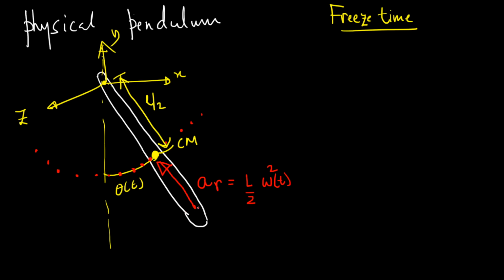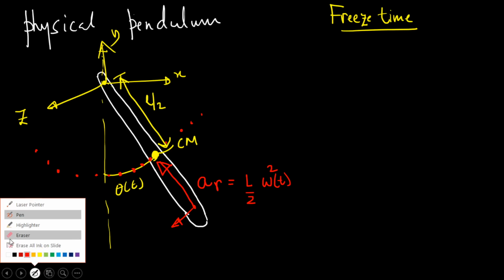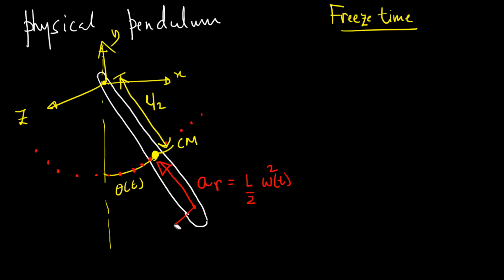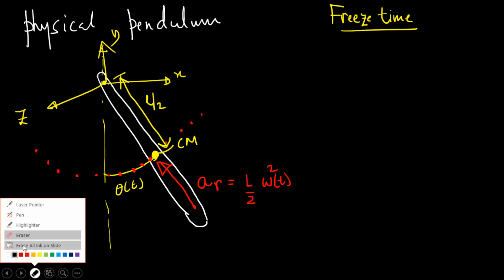And we also know that the tangential acceleration is going to be, okay, I am not following the sign convention. I think I should follow the sign convention now. Many of you have already pointed out that I should follow the sign convention.